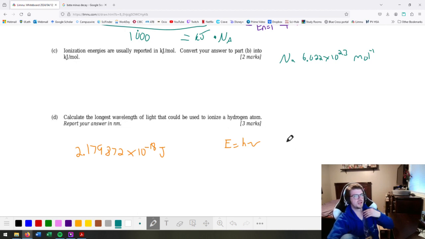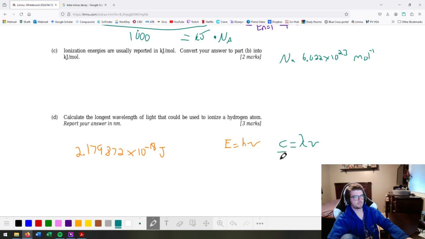So we're going to take a little bit of a shortcut and use c equals lambda nu, which relates the speed of light to the product of the wavelength of a photon multiplied by the frequency of a photon. And we can rearrange this.